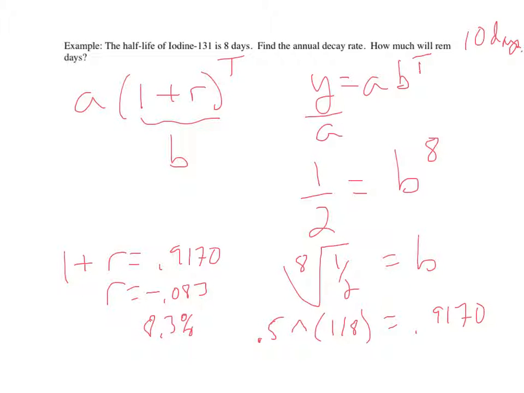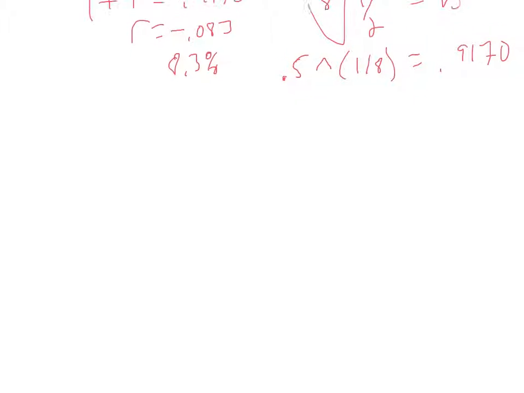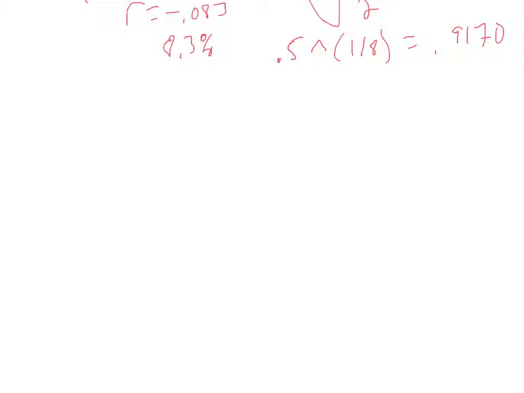Now they're asking us how much will remain after 10 days. We aren't given any kind of amount. So if y equals a times 0.9170 to the 10, we can just take 0.9170 and raise that to the 10th power.